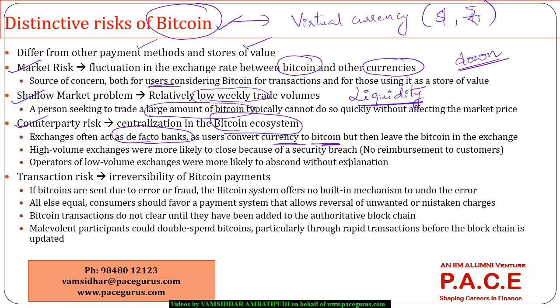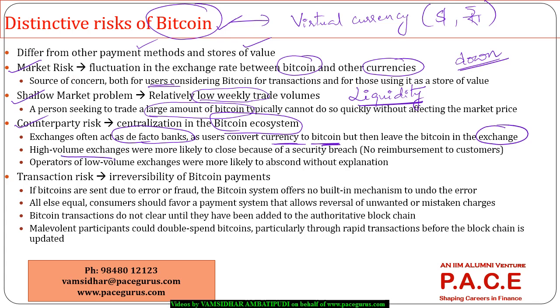Those particular Bitcoins are typically left in the exchange itself. So now that particular exchange can very well default on the payments at a later point. Because one, they have converted their currency to Bitcoin. Now when they want to convert their Bitcoins back to their currency, that is where they will have a problem, because the exchanges may very well default on the process.